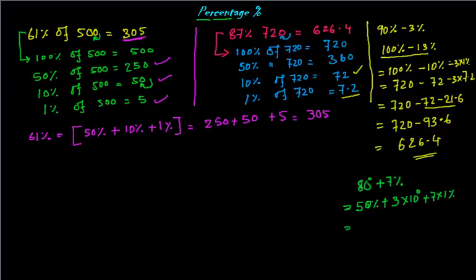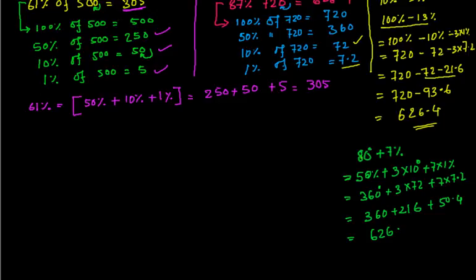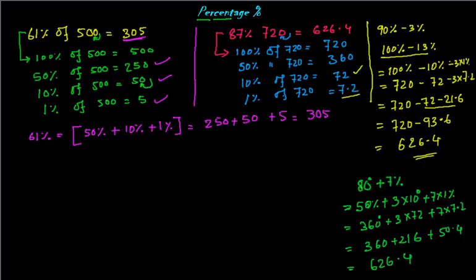Let me calculate it. 50% is 360, 3 times 72, and 7 times 7.2. So 360 plus 3 times 72 is 576, and 7 times 7.2 is 50.4. If I add them, I'll be left with 626.4. So I can do this 87% of 720 in two ways.